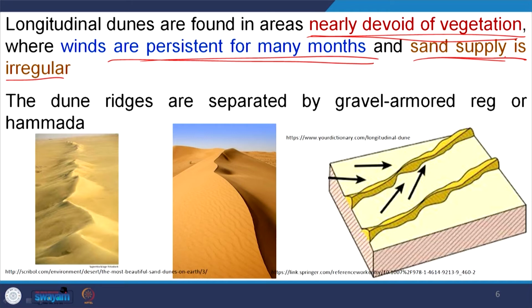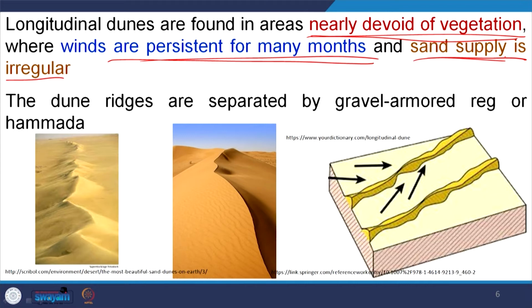The dune ridges are separated by gravel-armored ridges or hamada. We know that the gravel-dominated desert is called reg and the sand-dominated desert is called erg. So, these elongated sand bodies are separated from each other by hamada, meaning barren rock, or by reg, meaning boulders.